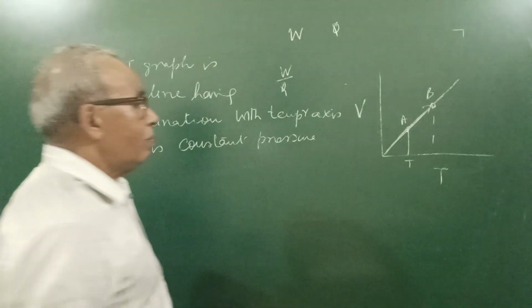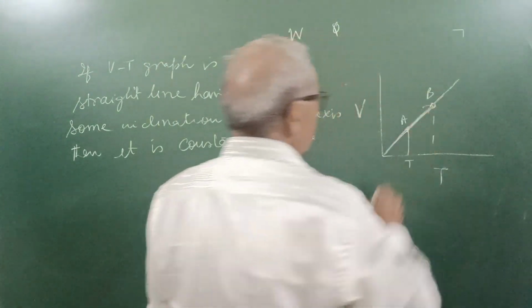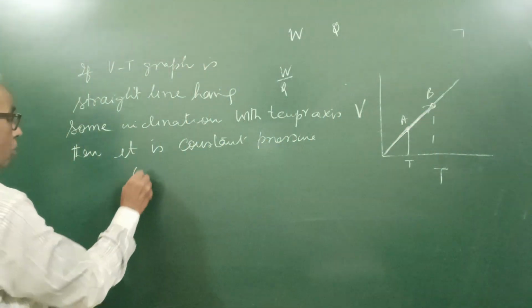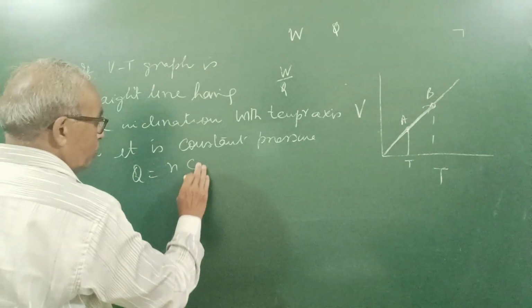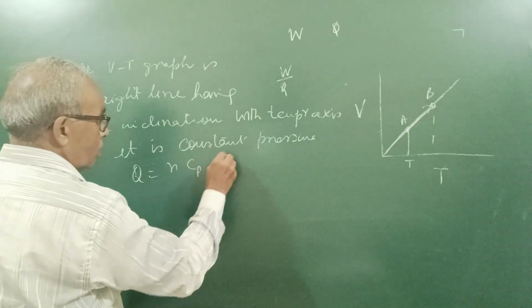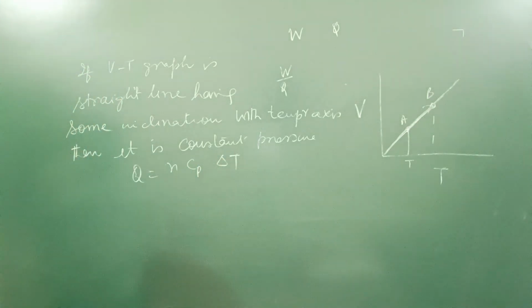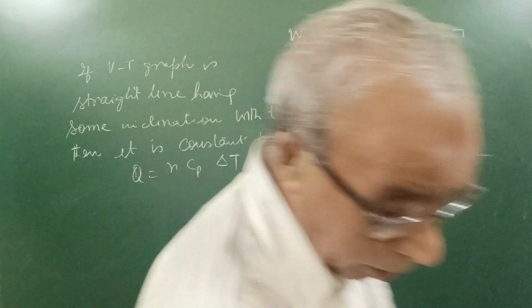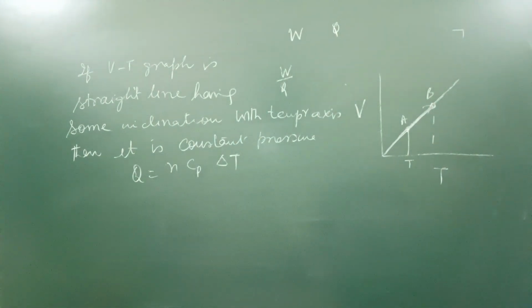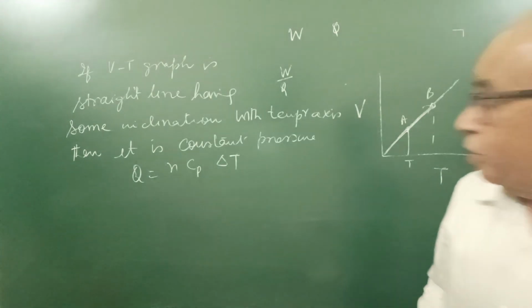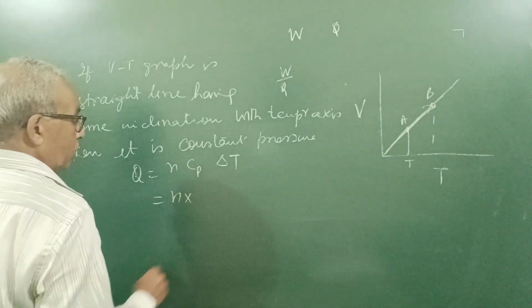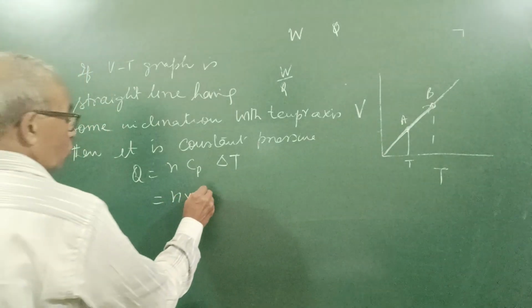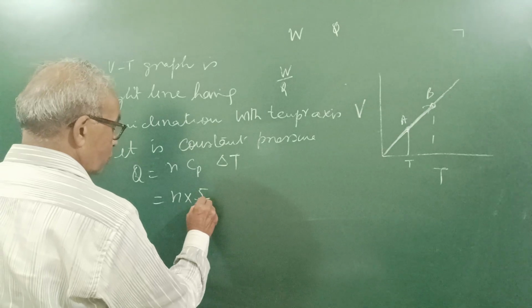So the heat taken by the gas from A to B for a monoatomic gas: you know Q is equal to N Cp delta T. Suppose N moles are there. At constant pressure, Cp for a monoatomic gas is 5 by 2 R. You know why?